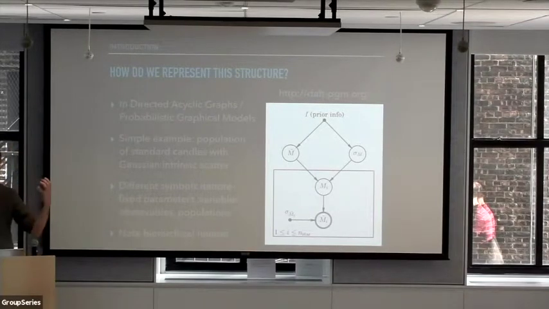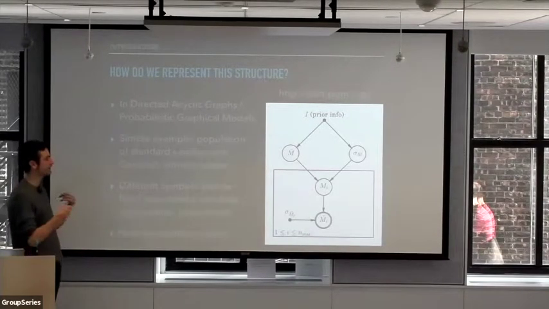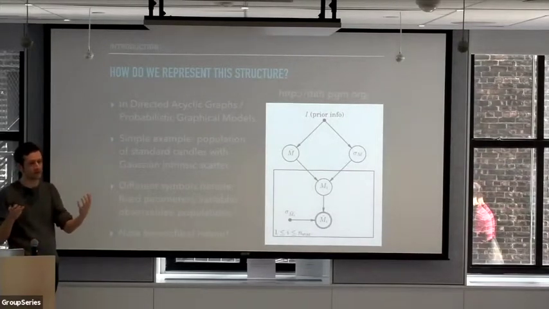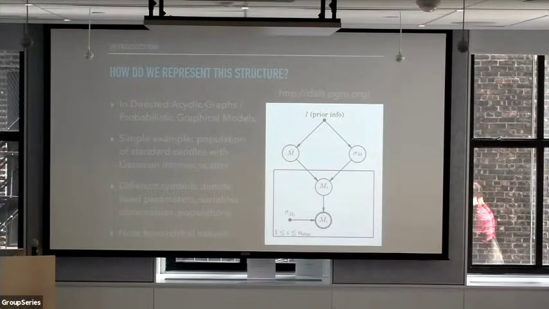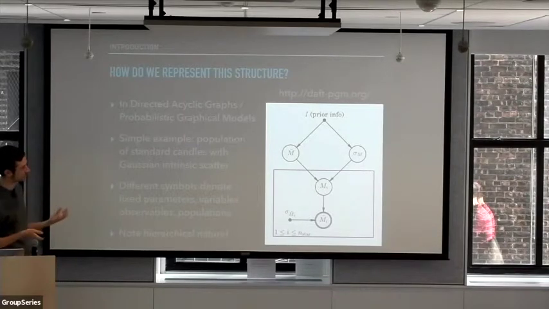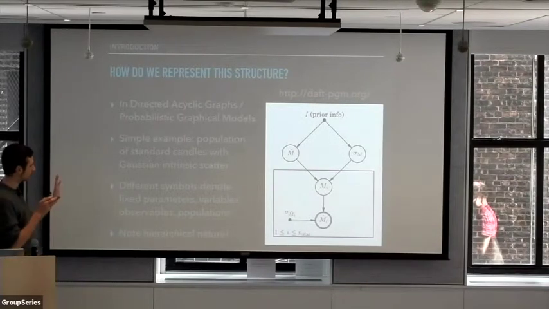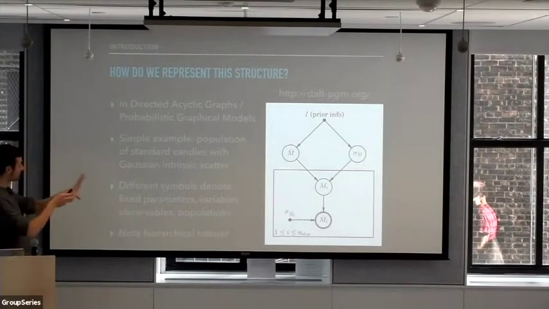They should be the same luminosity, okay? Except maybe they're not all perfectly the same. There's some Gaussian scatter in their true magnitude, okay? And so we want to write down a hierarchical model that describes this, okay? So the way we're going to do it, we obviously have some observations of these things, and so we do this using a network diagram.